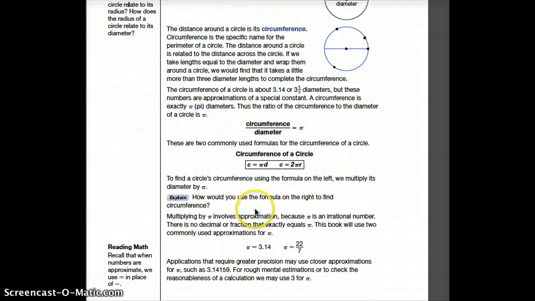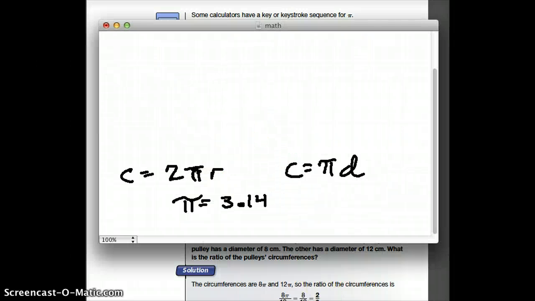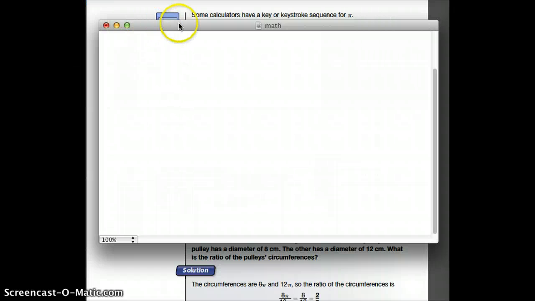Okay, so let's go to the first example. The diameter of a truck wheel is 35 inches. About how far does the wheel roll in one turn? Well, it's pretty much asking for the circumference of that wheel. So let's select all and cut.